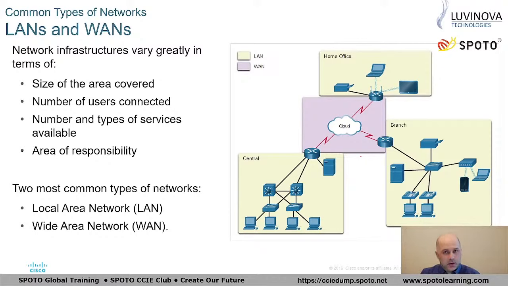The LAN, local area network. WAN is a wide area network. It's if you are trying to connect, for example, Toronto head office with the Montreal or Vancouver head office buildings. So it's city to city, country to country, or continent to continent. That is your WAN connection.